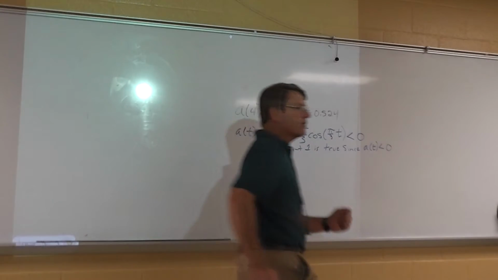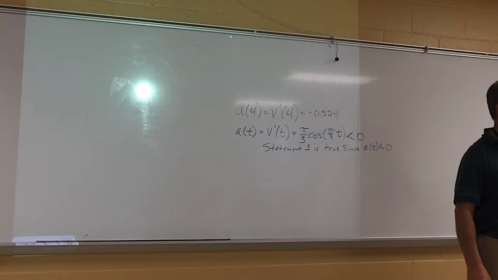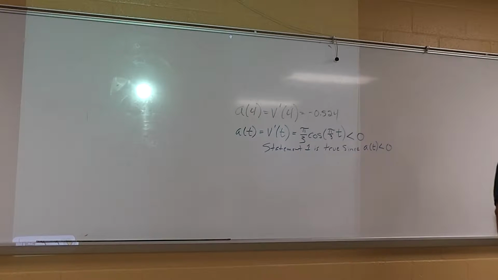But then I start slowing down a little bit. Velocities are positive or negative? Positive. Positive, but was I accelerating or decelerating? Decelerating. So acceleration was negative. So they were working in opposite directions, right? So was speed increasing or speed decreasing? Decreasing. So that's the way to talk about it: speed is increasing or decreasing.